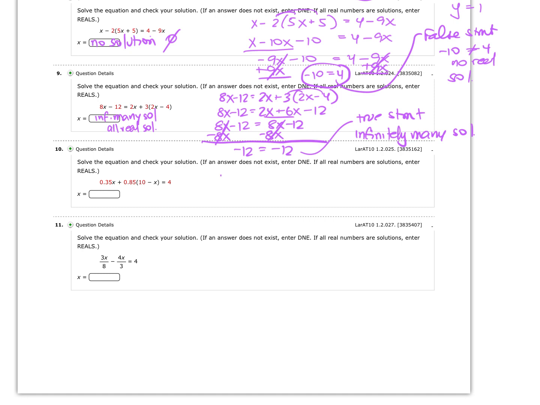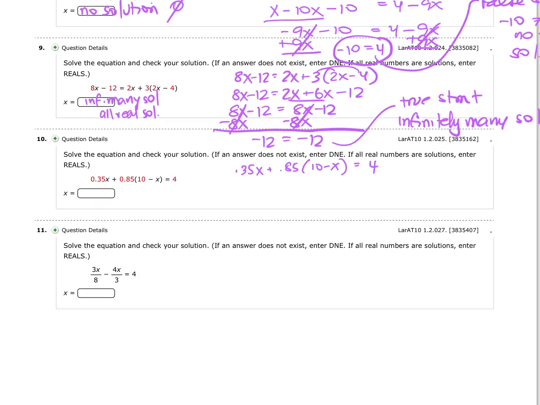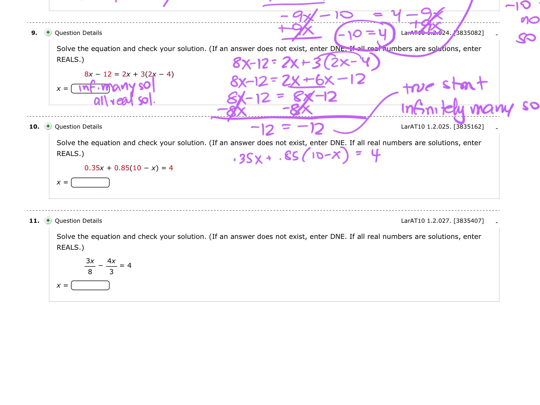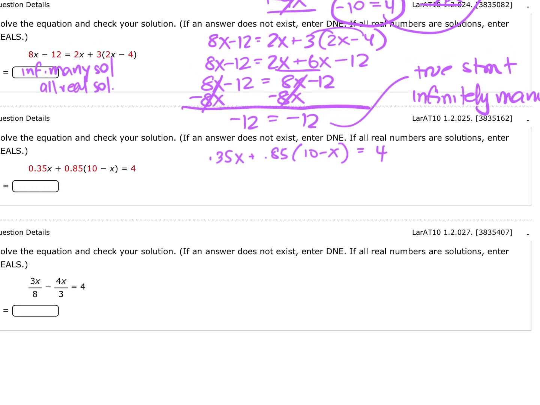Then I get over here and I have 0.35x plus 0.85 times 10 minus x equals 4. Now I see that in this problem, I have decimals. And I don't like decimals. And so just like I try to avoid fractions, I try to avoid decimals.